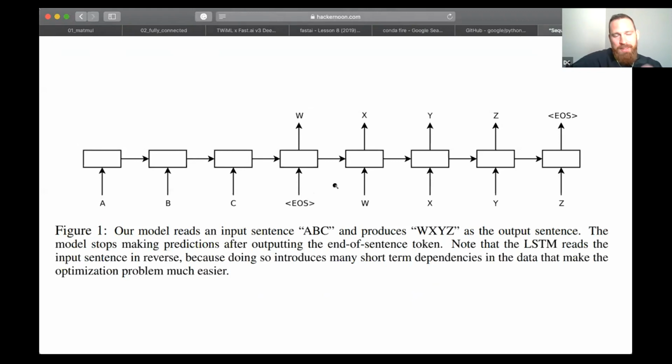One of the biggest things that they discovered was that reversing the order of the input really helped the performance, and I didn't quite understand why. So as I mentioned, it minimizes the time lag, that's what they call it, between your input and target.